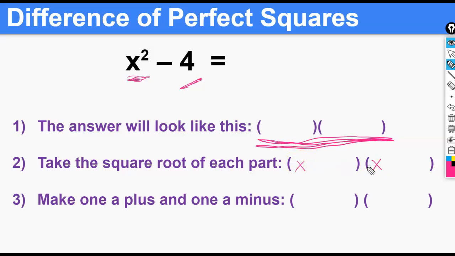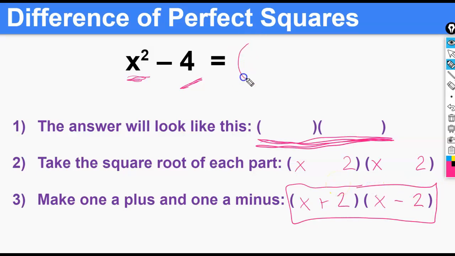It's x. And what squared equals 4? 4 is 2 squared. So when I take the square roots, I want to put them in both my binomials. So I have x and 2 and x and 2. And then I'm going to make one of them plus, and I'm going to make one of them minus. And that gives me the conjugate pair that this factors to be. And that's factored.